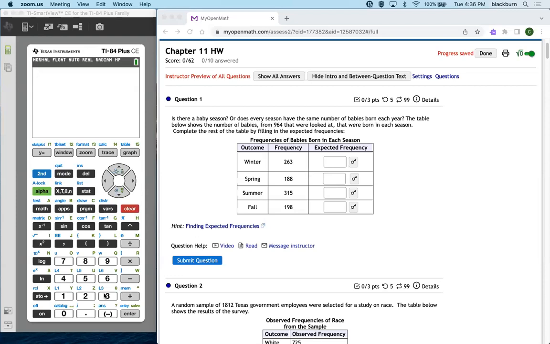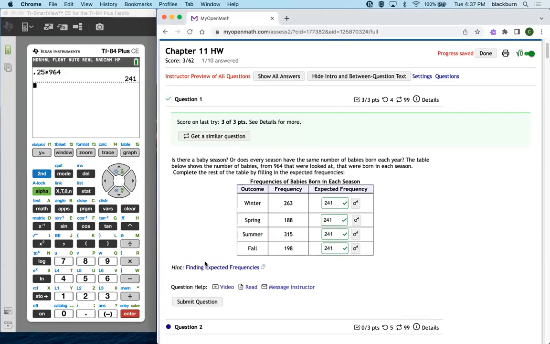So to find out this expected frequency, I'm just going to do 0.25 times 964, or you could have just done 964 divided by 4. All right, so it appears as if these should have an expected frequency of 241 each time. So I just put 241 in for each one, and there you have it.